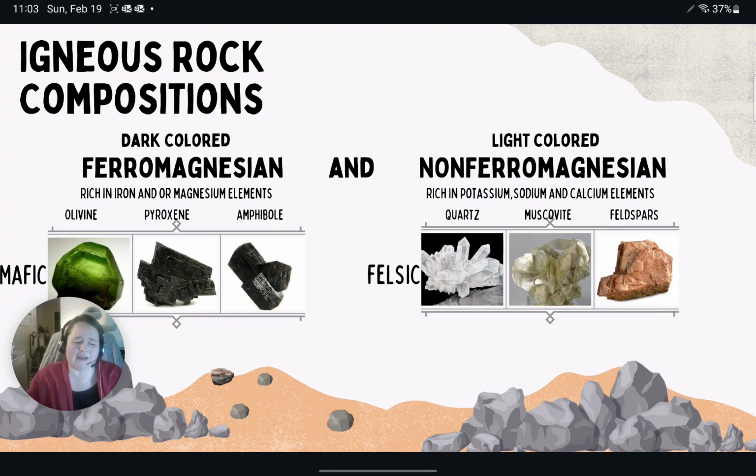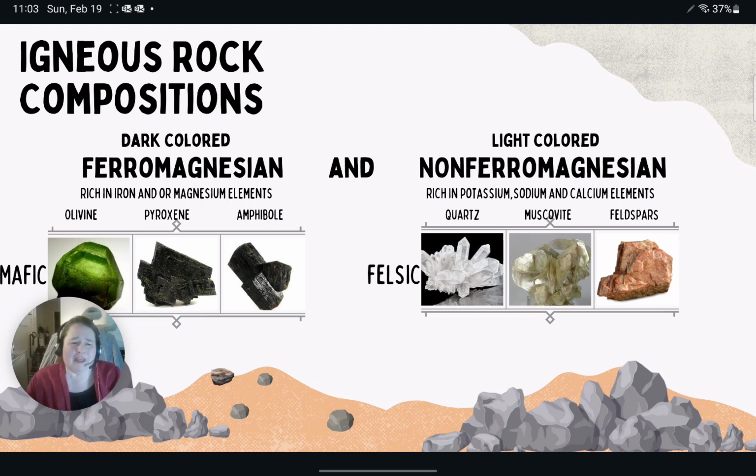Let's talk about igneous rock composition for a moment. The mineral composition of igneous rocks can be separated into two categories: the dark colored or mafic minerals and the light colored or felsic minerals. The mafic minerals are ferromagnesian. They're rich in iron and or magnesium elements.